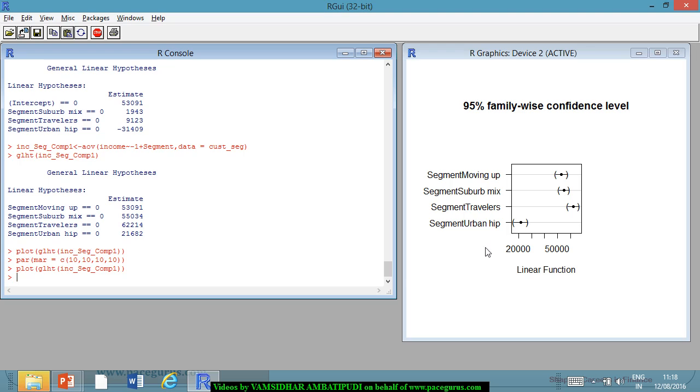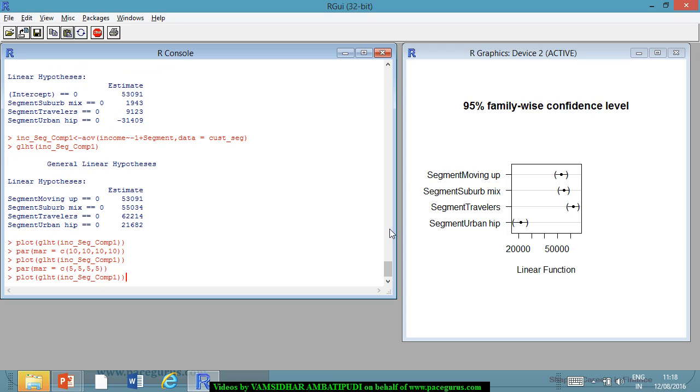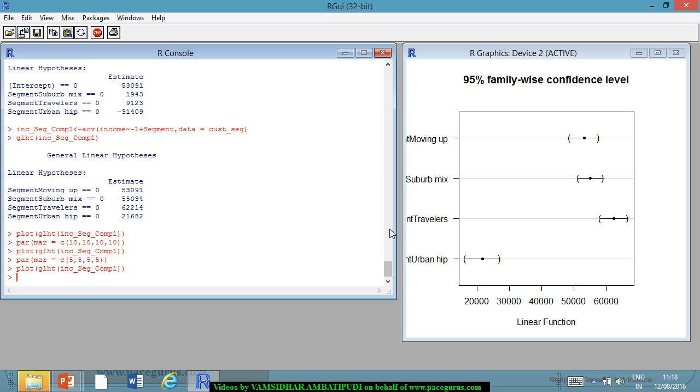So I can play around with the stuff, saying how much margin needs to be adjusted on what side. Right, so probably if I go with 5, 5, 5, 5, the graph slightly improves, but it is getting cut.